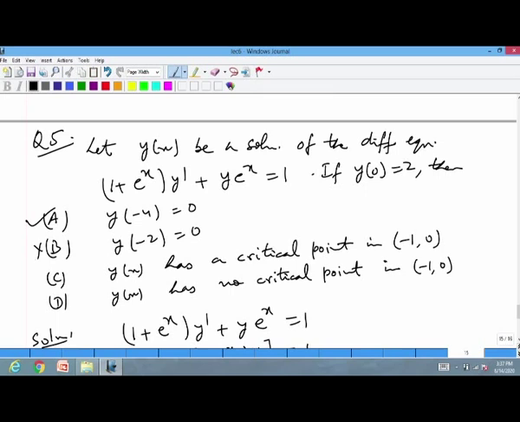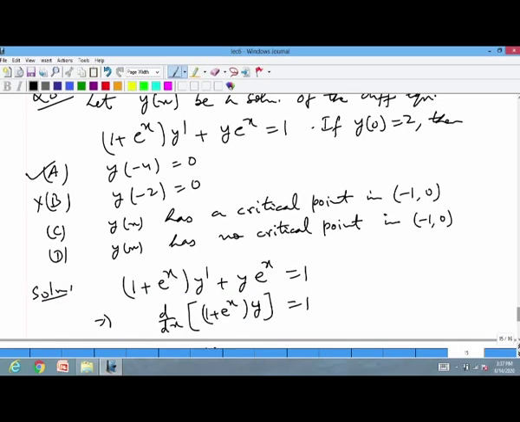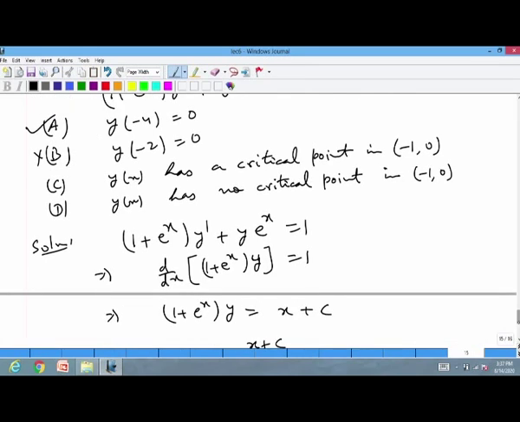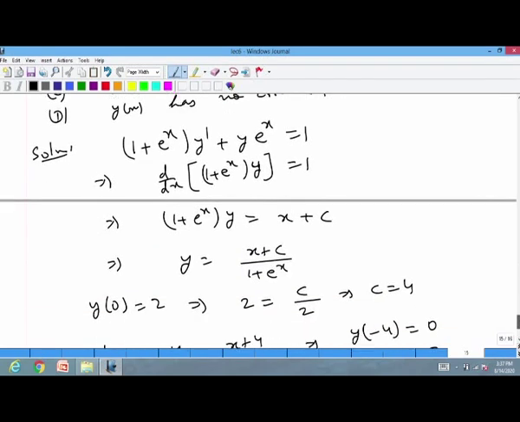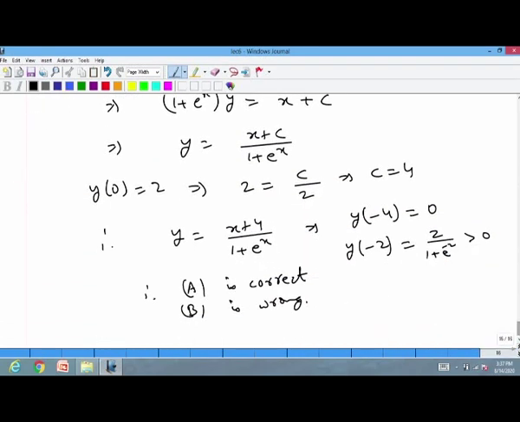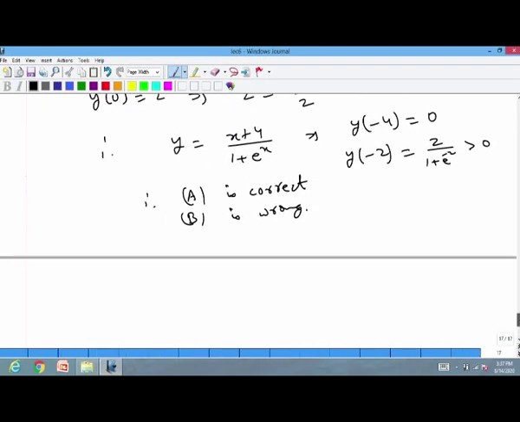Now, C and D are asking whether y(x) has any critical point in the interval minus 1 to 0. So, remember that a critical point is a point where the derivative of the function is 0. So, y(x) is equal to (x plus 4) divided by (1 plus e to the x).